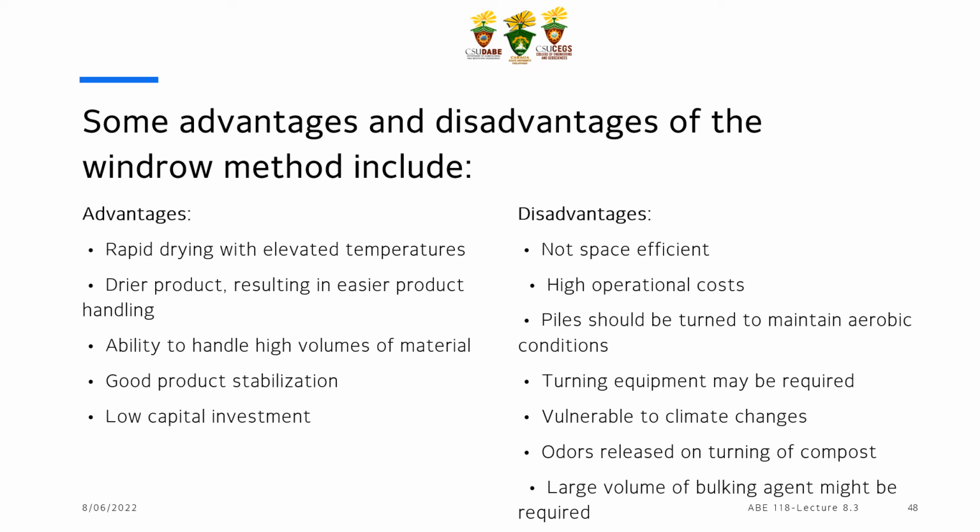And for disadvantages: not space efficient, high operational cost, piles should be turned to maintain aerobic conditions, turning equipment may be required, vulnerable to climate changes, odor release on turning of compost, and lastly, a large volume of bulking agent might be required.